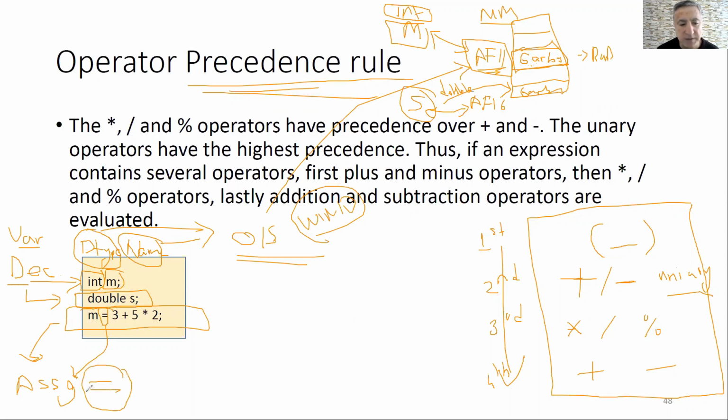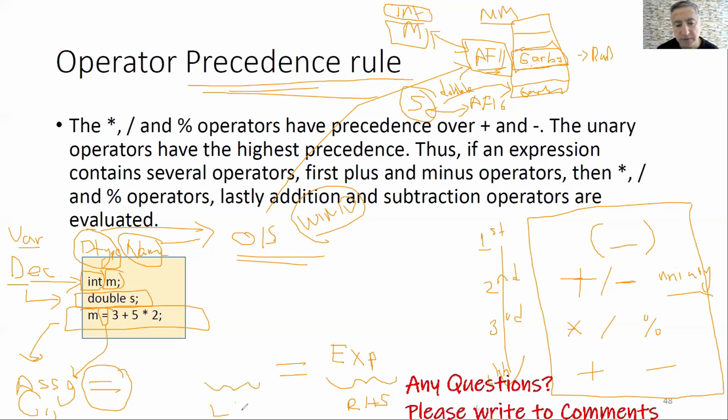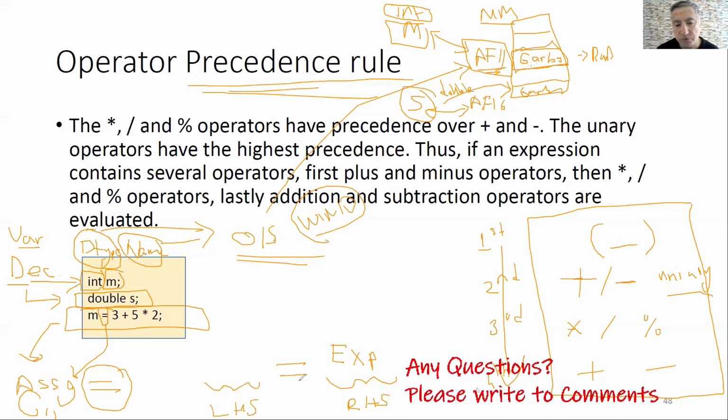We say this equal sign is assignment in C. Don't forget that the right-hand side of the assignment is always an expression, and the left-hand side of the assignment is always a single variable.